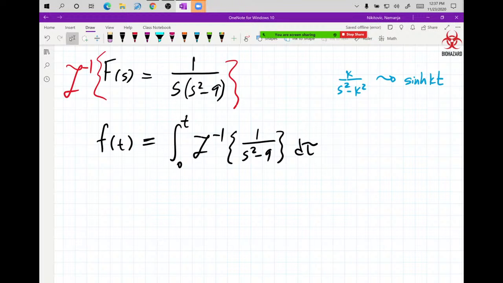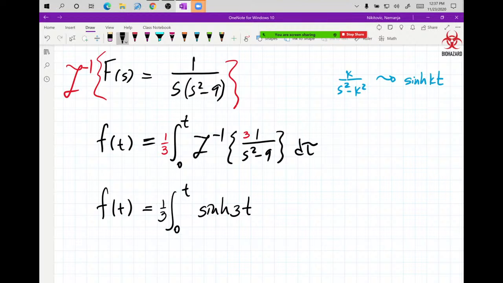So now, see, this 1 over s was peeled off with the integral, leaving just this. And now I just have that f of t is equal to the integral from 0 to t. And since this is a 3, I need to multiply it by 3 and 1/3. So if I multiply by 3, I can just kick 1/3 all the way in front of the integral, and I have sine hyperbolic of 3 tau d tau.